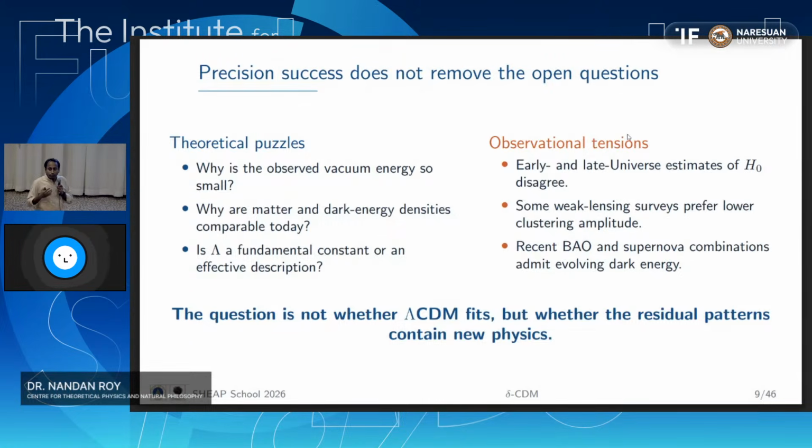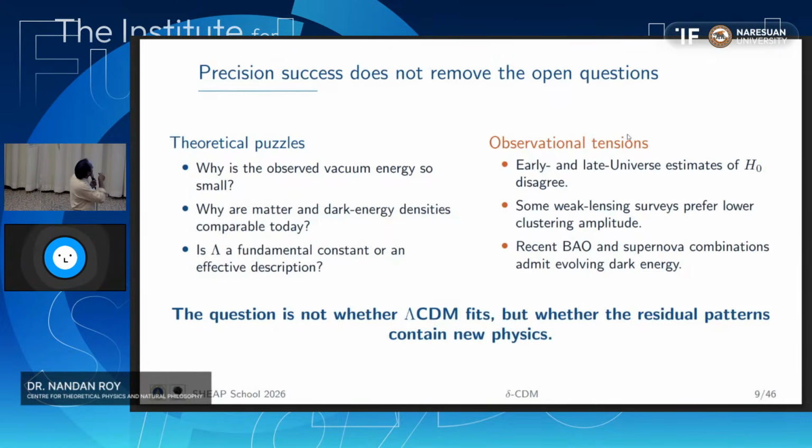When we calculate it, representing the cosmological constant as the vacuum energy, the value is very high. Another is why the matter and dark energy densities are comparable today, which is the coincidence problem. And is lambda a fundamental constant or an effective description? You can also consider this a theoretical problem.